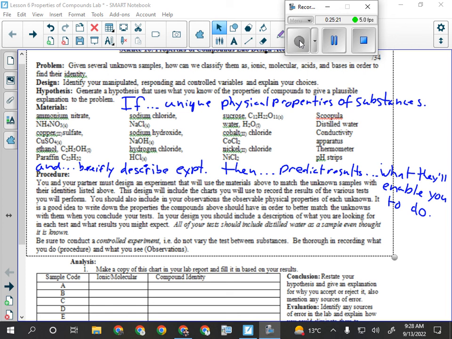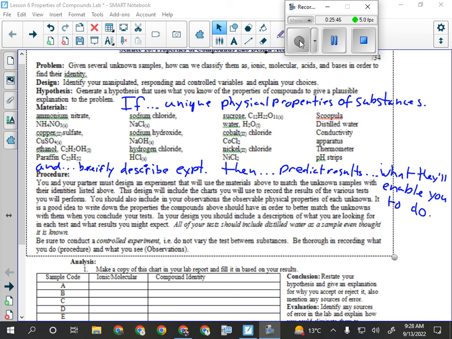Now when you're doing the analysis, which is obviously not today, what you want to do is look at those things and think, all right, what might the properties of this thing be? So, an easy one. Copper 2 sulfate. What kind of compound is it? It's ionic. All ionic compounds do what that molecular compounds do not?